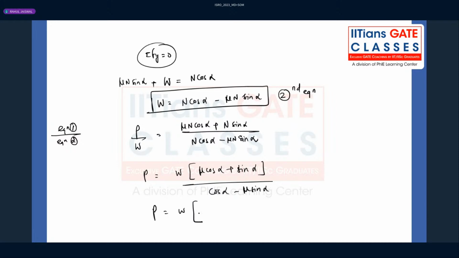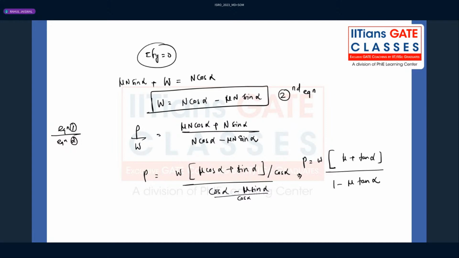Further, we can divide numerator and denominator by cos alpha. If we divide by cos alpha, what do I get? P equals W into mu plus tan alpha, divided by 1 minus mu tan alpha.